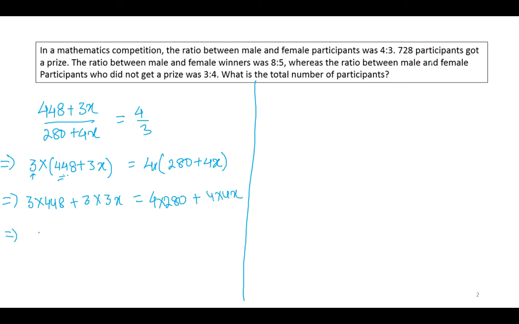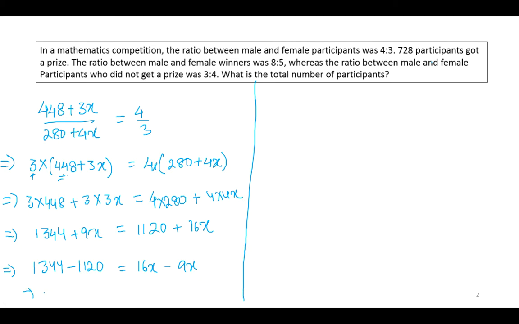Okay, let me write the values. This comes out to be 1344, plus I have a 9x, and this is equal to 4 into 280, which is 1120, plus 16x. Let me put all the numbers on one side and the variables on the other side. So this is 1344 minus 1120 equal to 16x minus 9x.